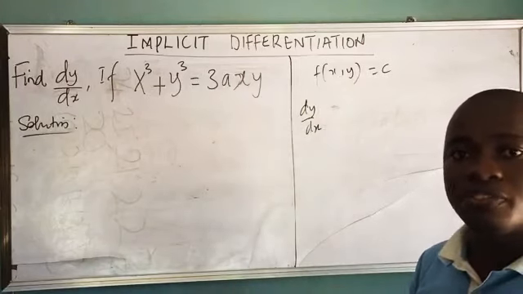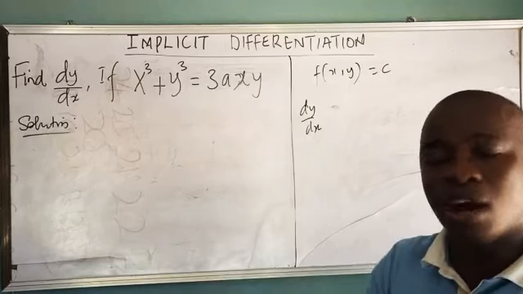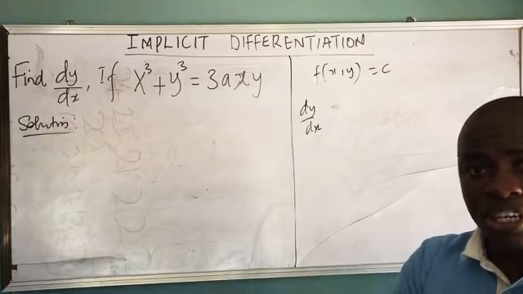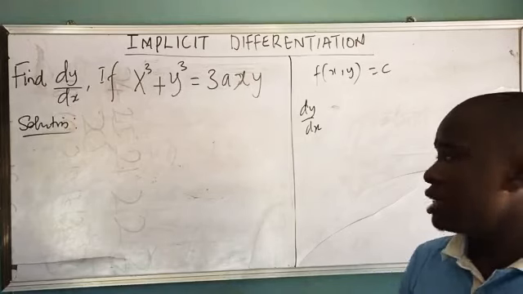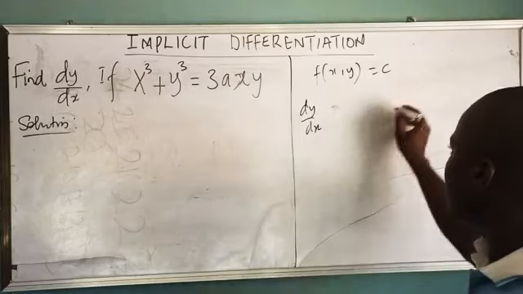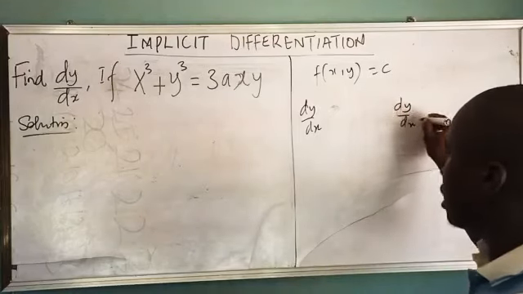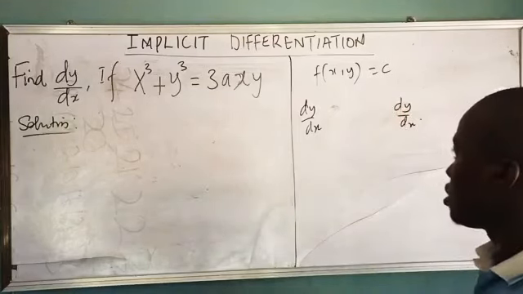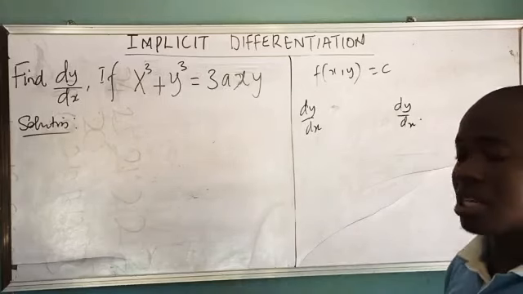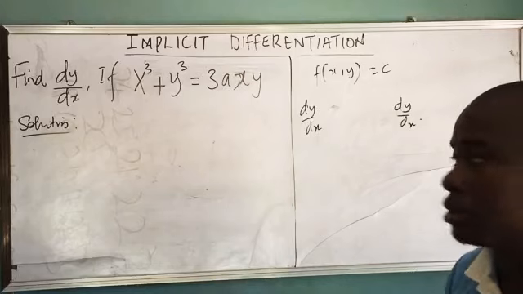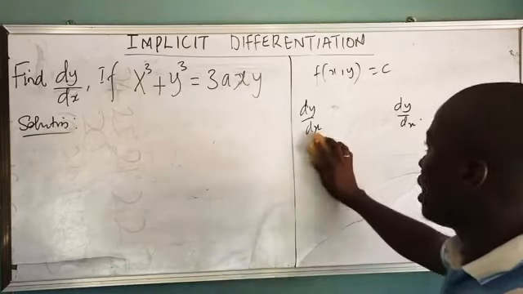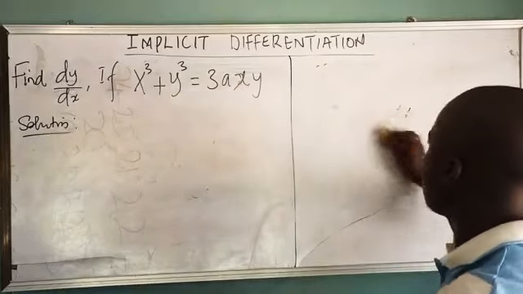Whenever you are differentiating with respect to x and you find another variable that is not x, you differentiate that variable normally and after that you multiply it by dy/dx. Let's solve the problem on the board so you understand more, and see how it goes.